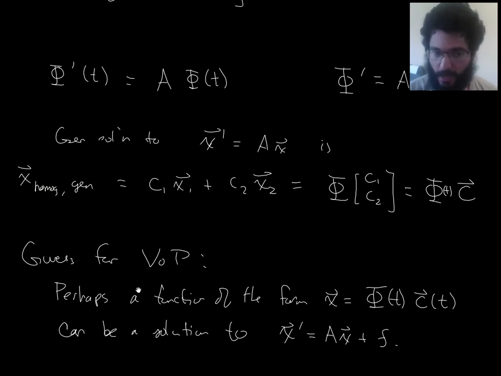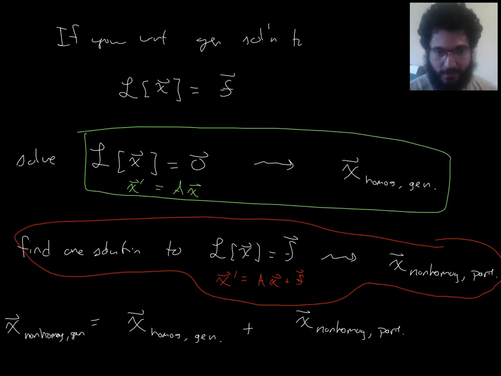I'm asking, is there a possible pair of functions, c1 of t and c2 of t, such that when I package them together into this vector, c of t, then x equals this is a solution to the non-homogeneous differential equation. And just to remind you where we are, the point of this is to get this red part, find one solution to the non-homogeneous, so that we can then get the ultimate thing at the end.